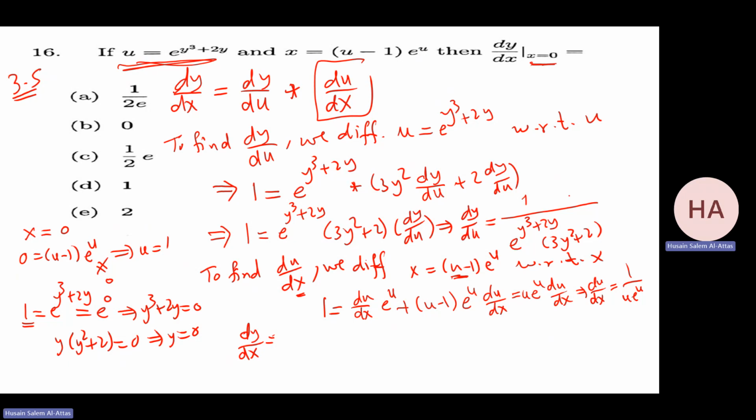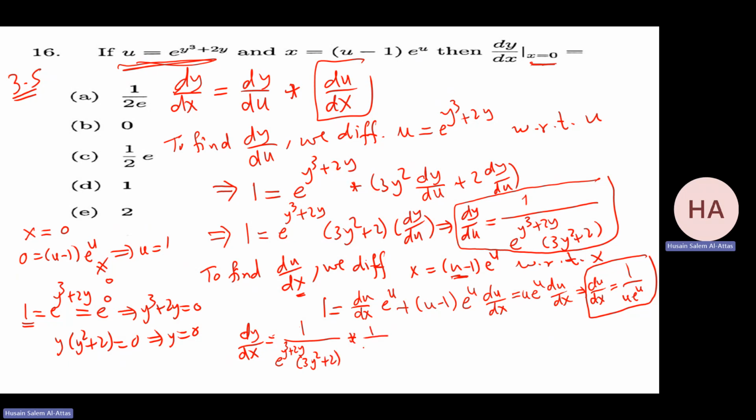dy/du times this one. So I have 1 over (y cubed plus 2y) times (3y squared plus 2) times 1 over u e to the power u. So dy/dx at x equals 0, which is u equal 1, which is y equal 0.